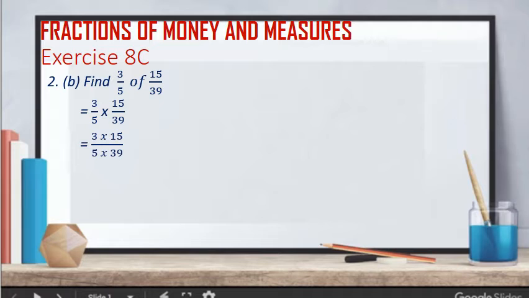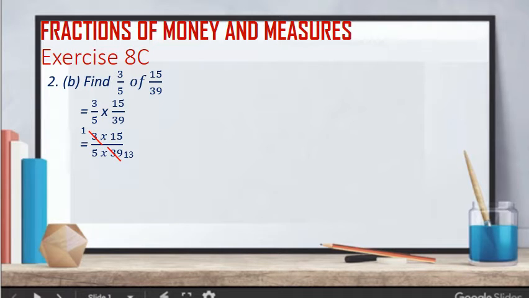In the numerator we will write 3 multiplied by 15 and in the denominator we will write 5 multiplied by 39. Now children, we can divide 3 in the numerator and 39 in the denominator by common number 3. So 3 divided by 3 gives 1 and 39 divided by 3 gives 13.